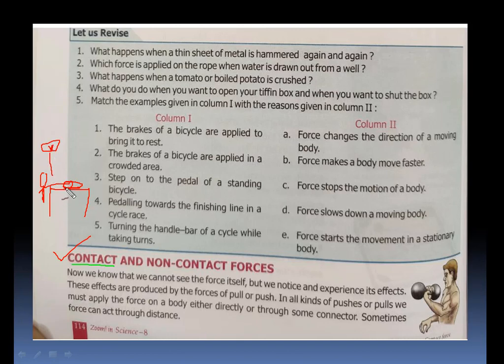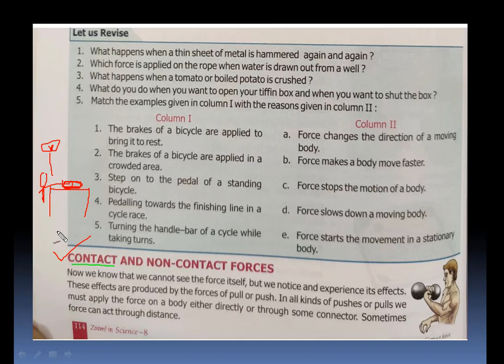Okay. So whether there is a contact between your hand and the book. So you have applied a force on the book by keeping contact on the book. So that force is known as contact force.